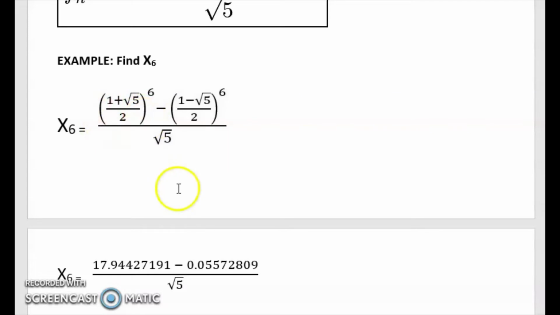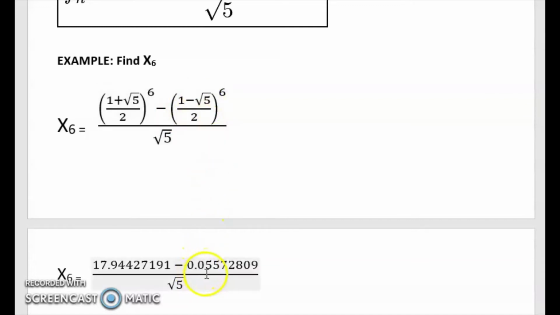Minus, the same procedure: 1 minus the square root of 5, then equals, then divided by 2, then equals again, then apply the exponent to the power of 6. Okay, so this is the value that we will get out of these values inside the parentheses.